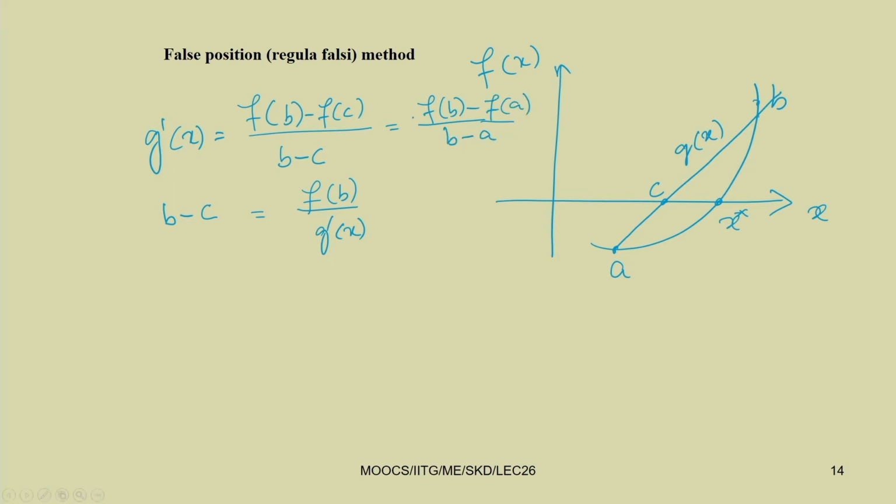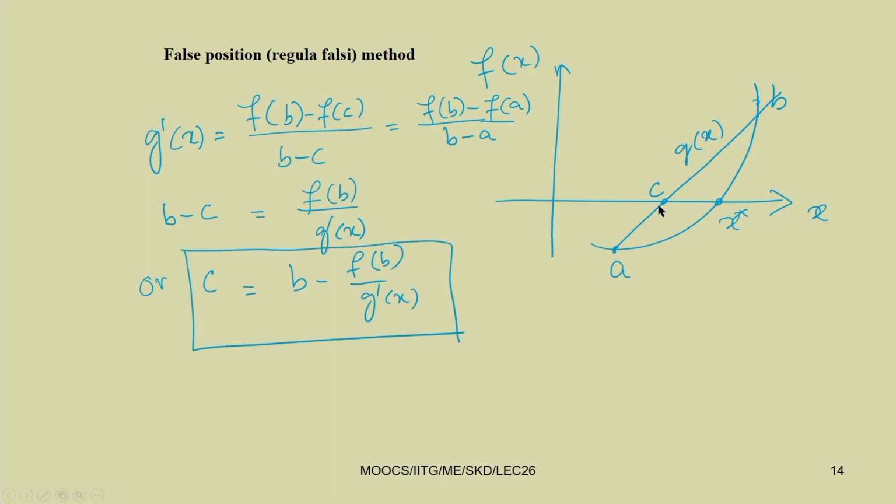Already this is known. So b minus c equals f b by g dash x, or we can get c equal to b minus f b by g dash x. In this way we can find the C point.